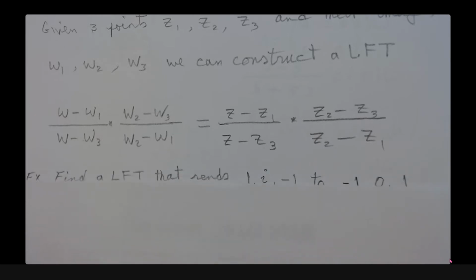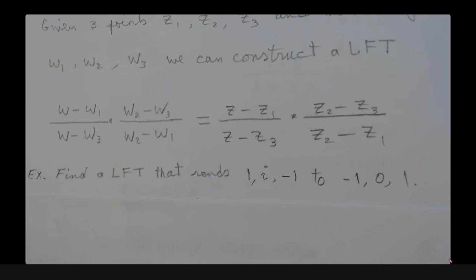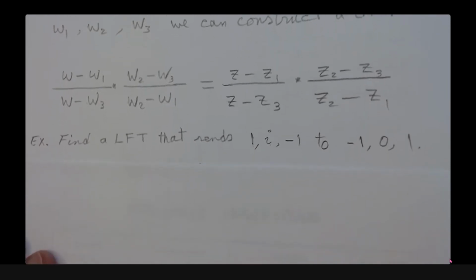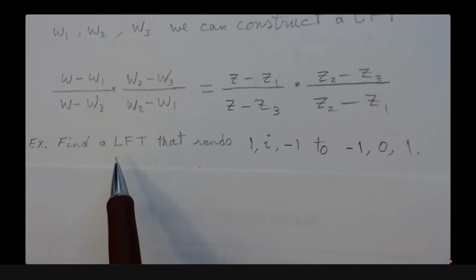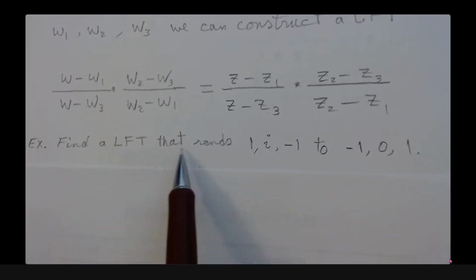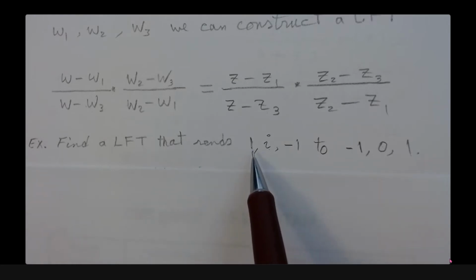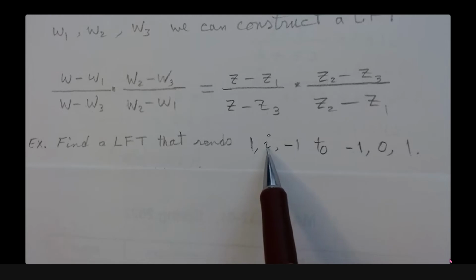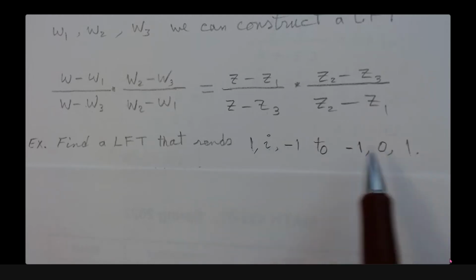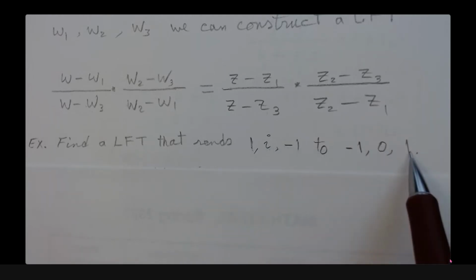Now, example. We would like to find a Mobius function that sends 1 to -1, i to 0, -1 to 1.